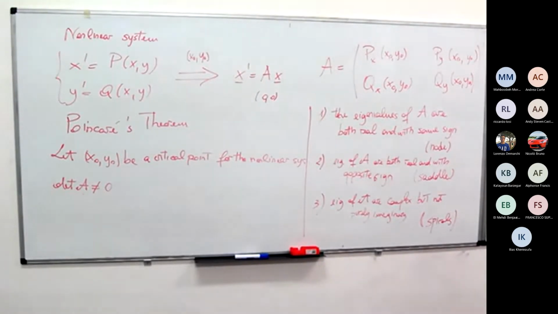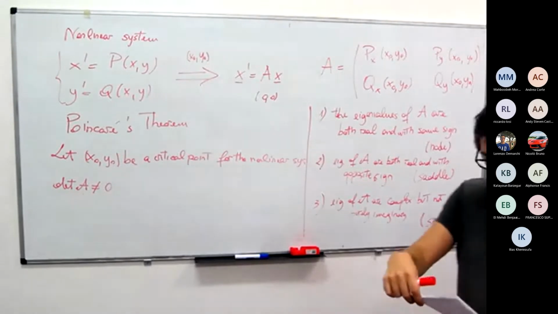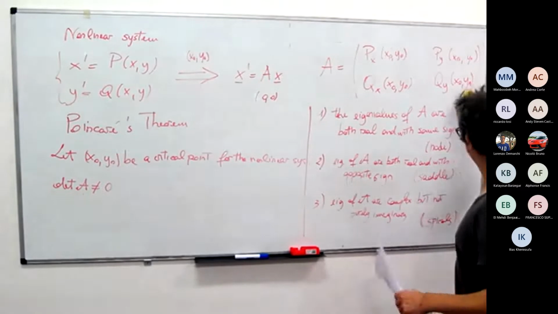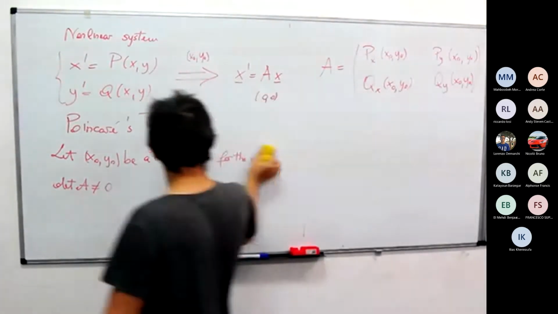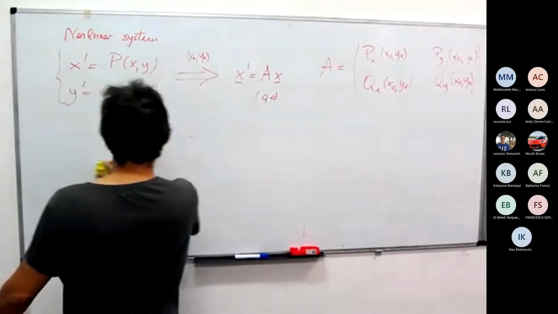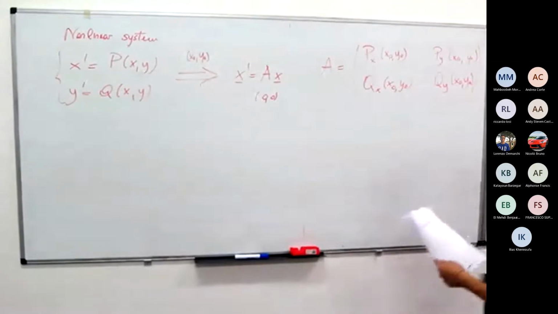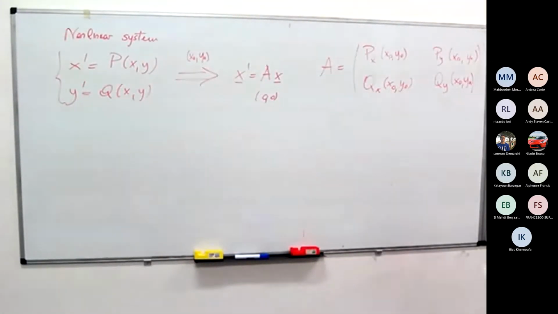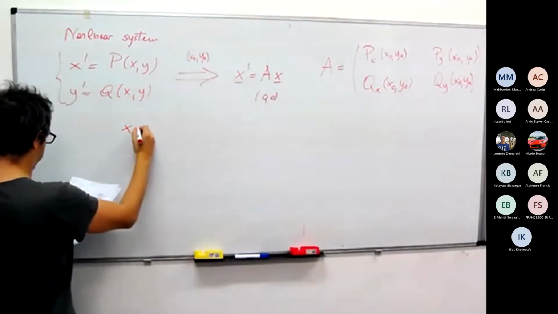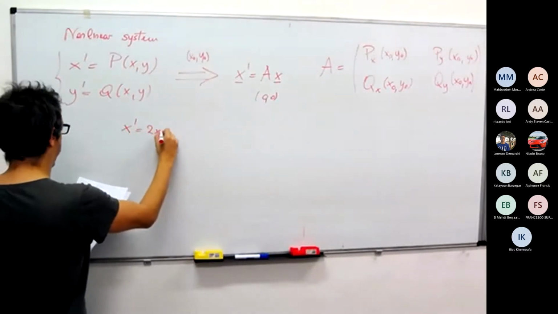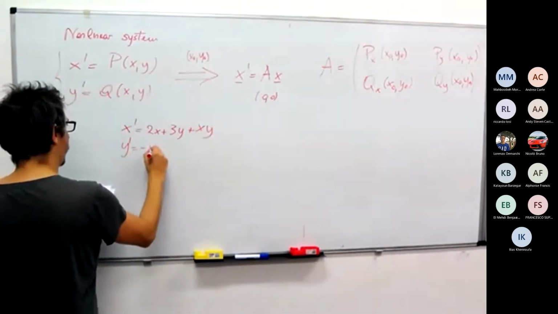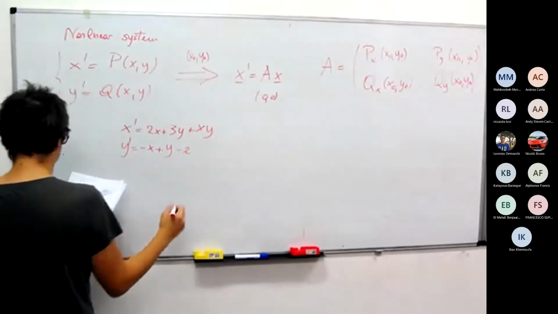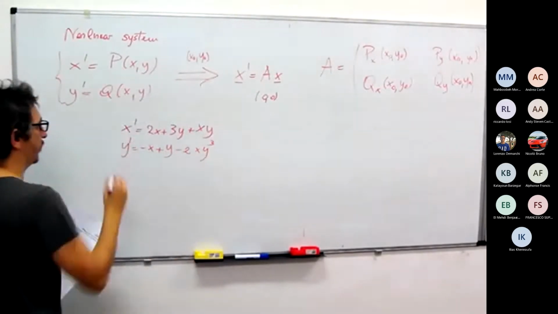So, for example, let me consider the following nonlinear system. x prime equal to qx plus 3y plus xy, and y prime equal to minus x plus y minus qxy to the power 3.